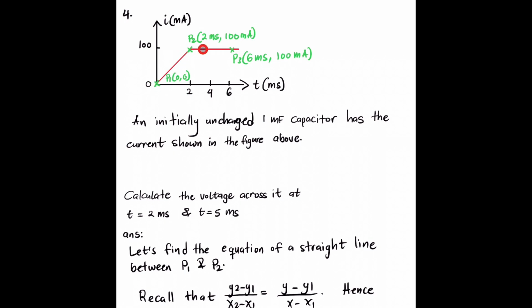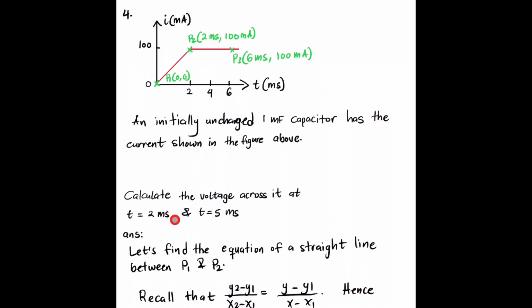The current is 0, then at 2 milliseconds it is 100 milliamps. Then from 2 milliseconds to 6 milliseconds, it stays constant. So here I made this 0.1, this 0.2, this 0.3.